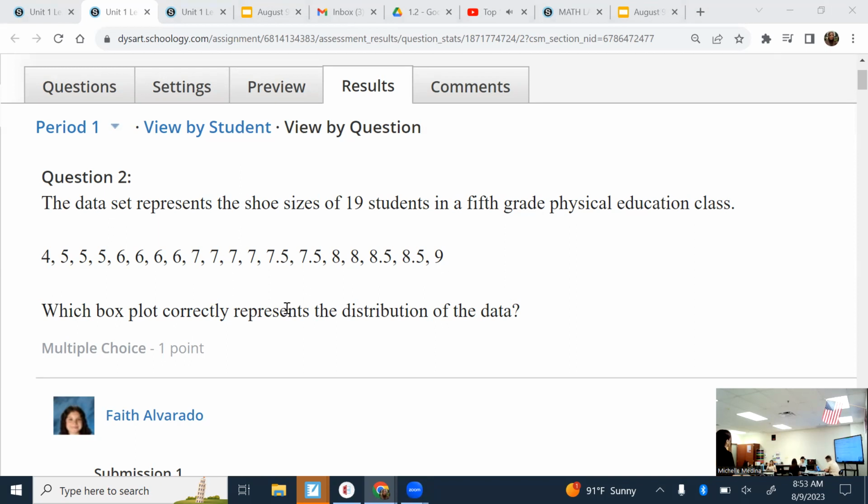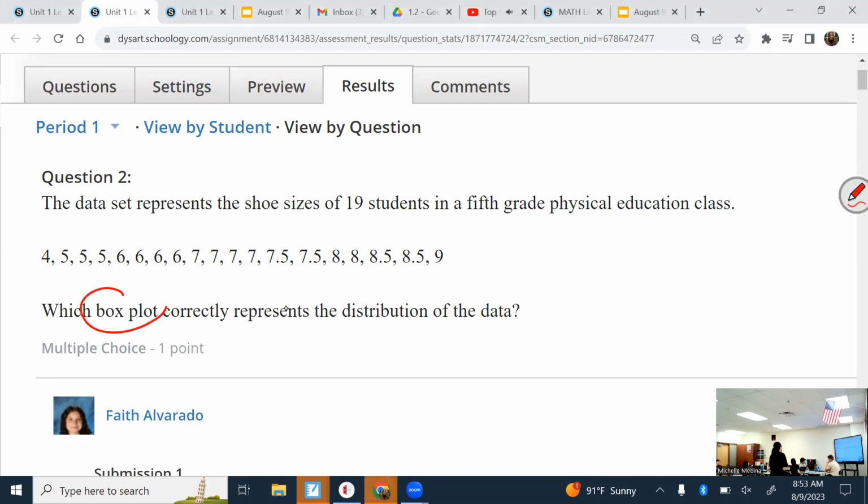All right, but this one says the data set represents the shoe sizes of 19 students in a 5th grade PE class, which box plot correctly represents the distribution of the data. So I do need to view the pictures, but since it's a box plot, what numbers do I need?